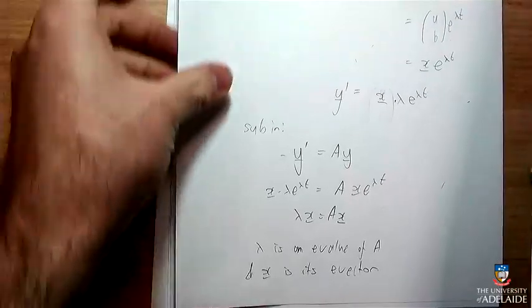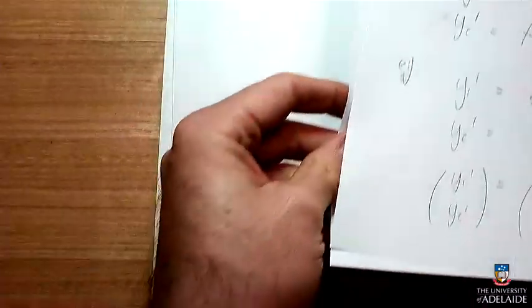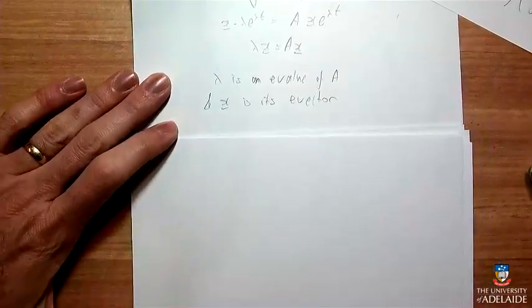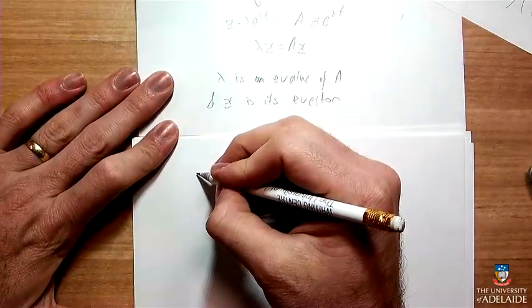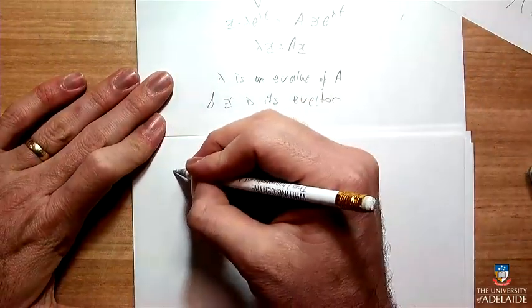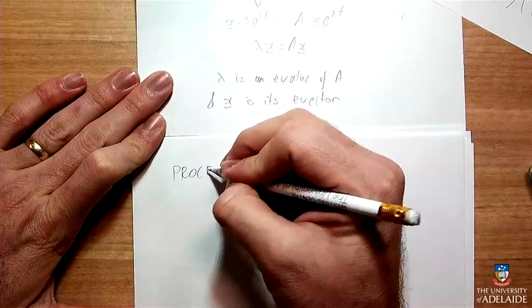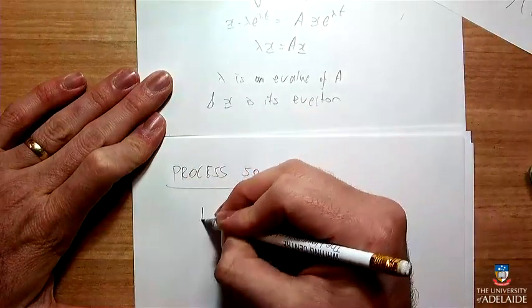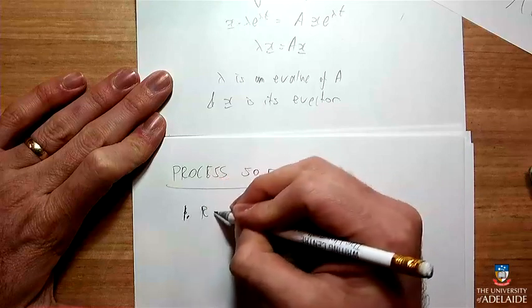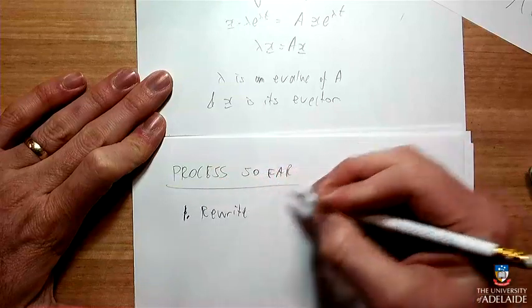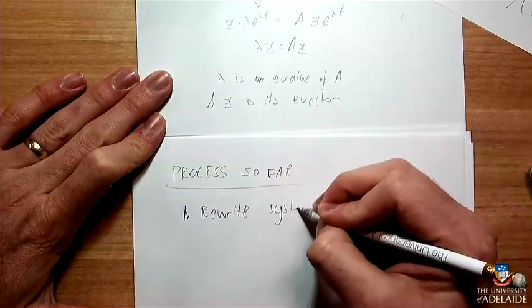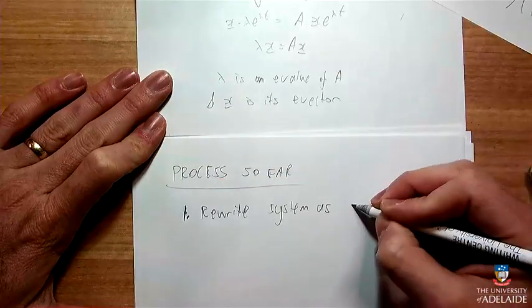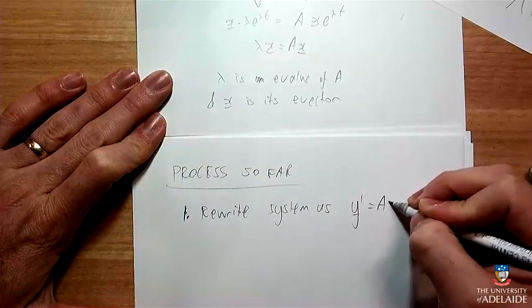Okay, so that's the reasoning behind why we're going to do eigenvalues, but it looks like we can now create this process, right? So far our process is going that y, so that's the process so far. So we rewrite the system as that.